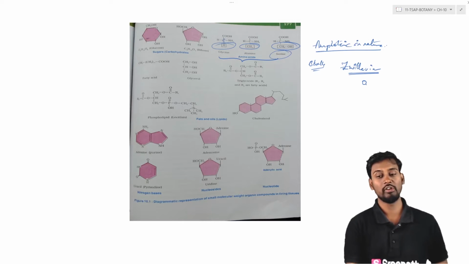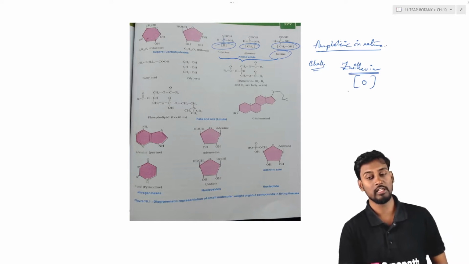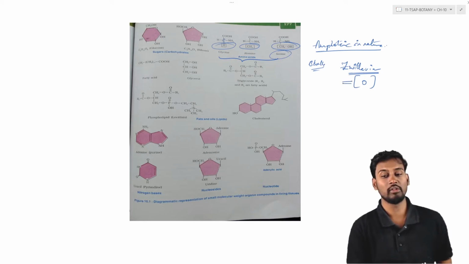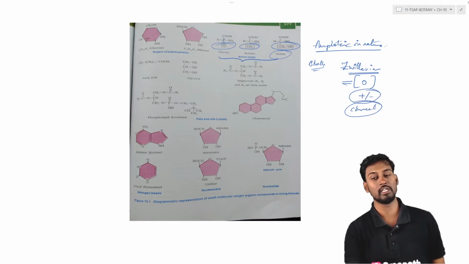zwitter ion. So with a zwitter ion, the net charge is always equal to 0, that is, neutral in nature. This neutrality arises because it has both positive and negative charge together, which cancel. Because of the cancellation of the positive and negative charge, the net charge is 0. Also, in acidic pH, most of the amino acids have a positive charge. In basic pH, most of the amino acids have a negative charge.